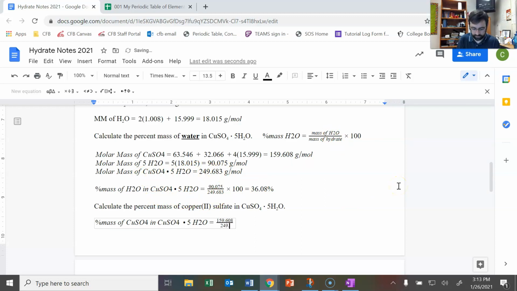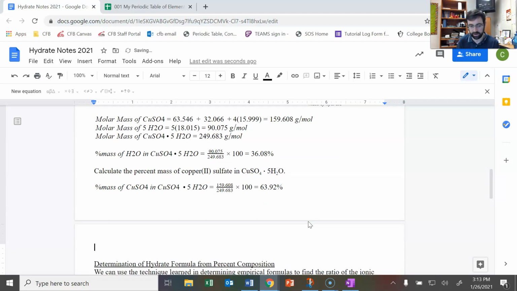And then we're going to multiply by 100. When you do that, you're going to come up with 63.92%, which should be the same as what you had gotten if you subtracted from 100 here. Or if you were to add these together to check your work, you should get 100 or at least something very close. In this case, I think it's exactly 100.